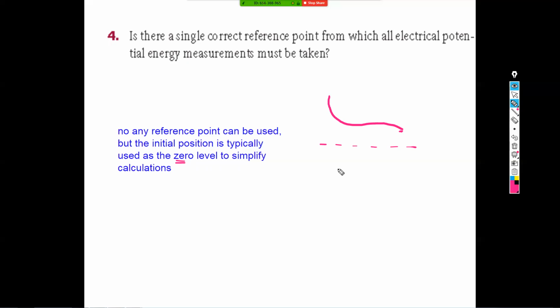We use the negative terminal or the ground, literally as ground zero, and use that as our zero. It just makes our life a lot easier and the calculations simpler. So even though the roller coaster might be off the ground a little bit, the roller coaster is not going any lower than that. So that's what we use as our zero potential energy, where our kinetic energy was max.